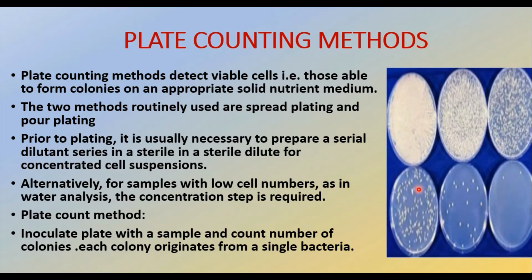In the plate count method, we inoculate the plate with a sample and count the number of colonies, and each colony arises from a single bacterium. The number of colonies is directly proportional to the number of individual bacterial cells.